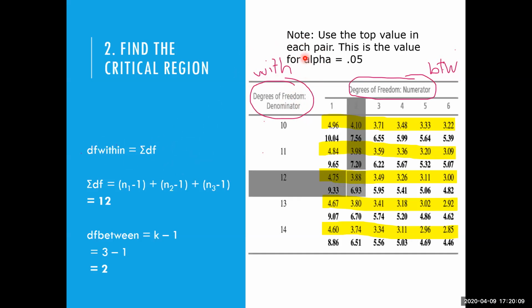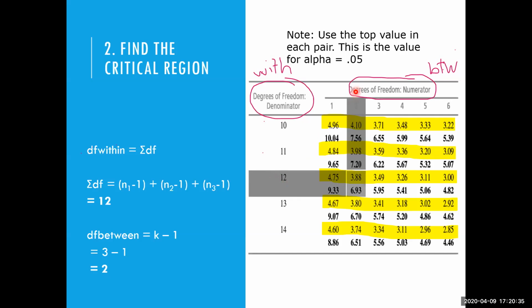If you remember the last lecture, we talked about how within is the same as error, and error is always in the denominator. So this is within treatment groups, degrees of freedom within. We ended up with 12 for degrees of freedom within, and so 12 is what we have here.